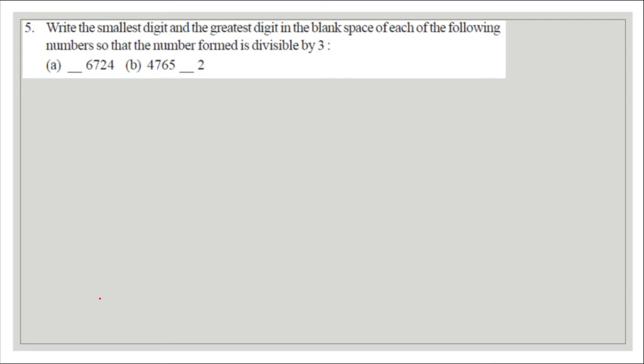Next question, question number 5. Write the smallest digit and the greatest digit in the blank space of each of the following numbers so that the number formed is divisible by 3.